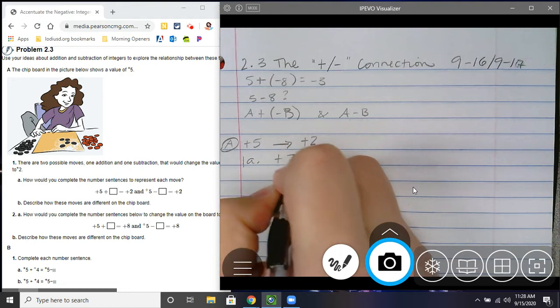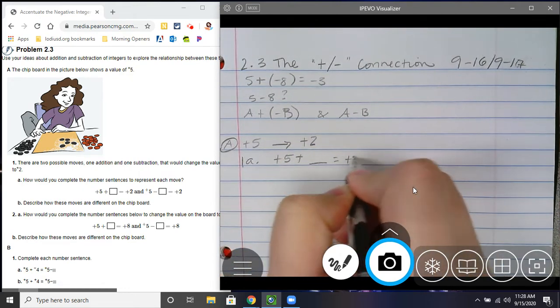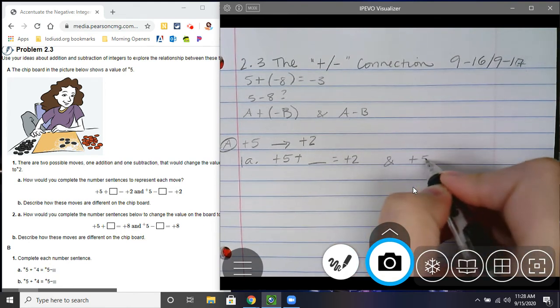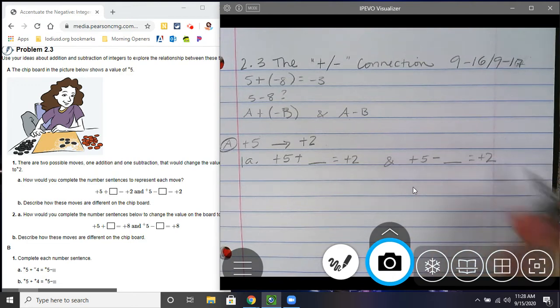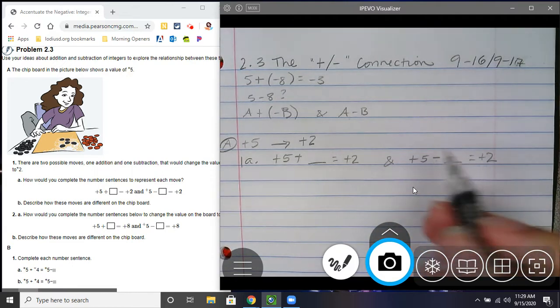So it says +5 plus some number equals +2, and +5 minus some number equals +2. So this is a matter of the black chips and red chips, and then just subtracting.